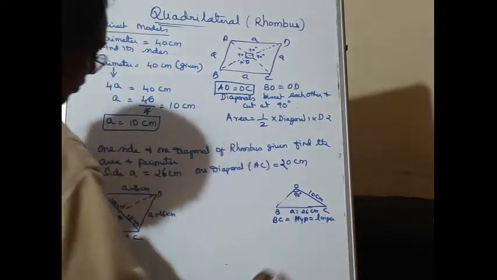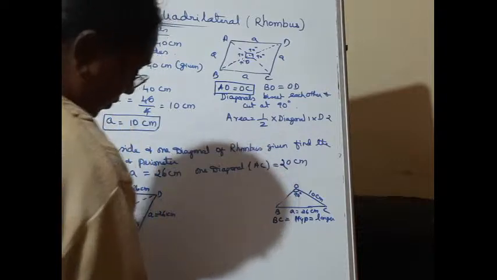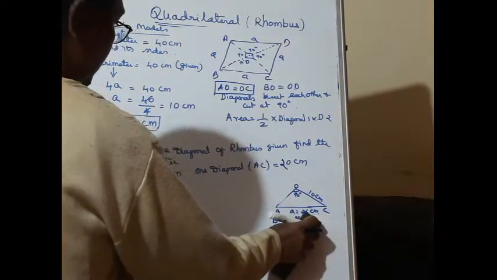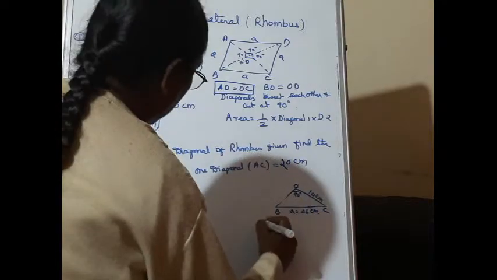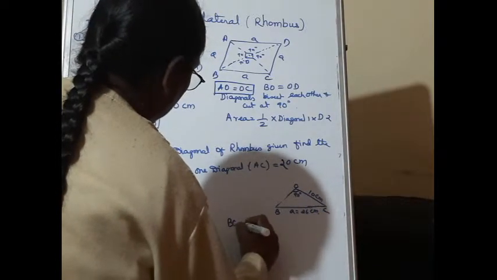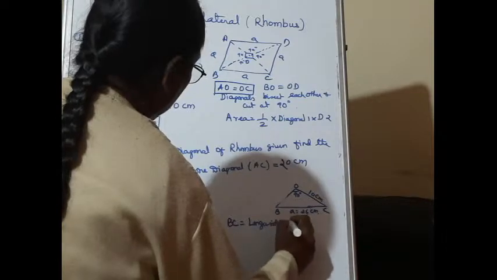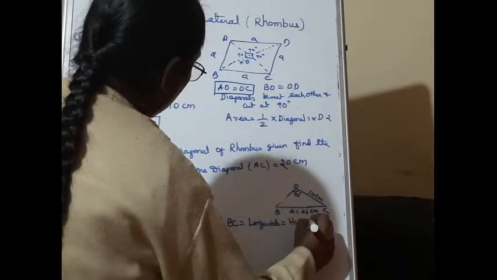In a right angle triangle we get the hypotenuse, which is opposite to 90. So BC, the longer side, is called the hypotenuse. Put hypotenuse equal to 26 centimeters.